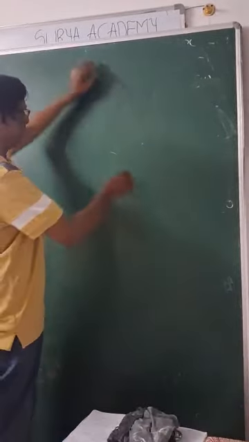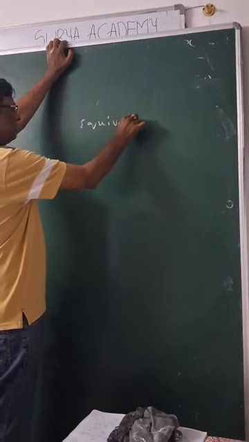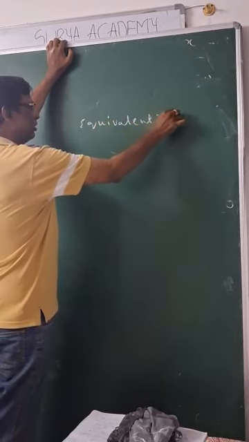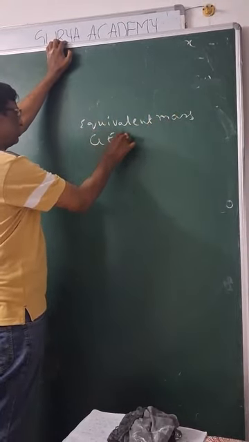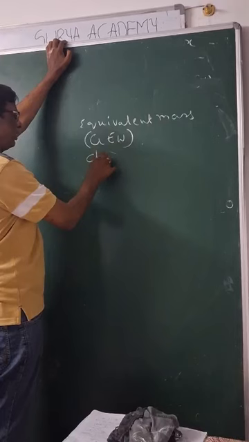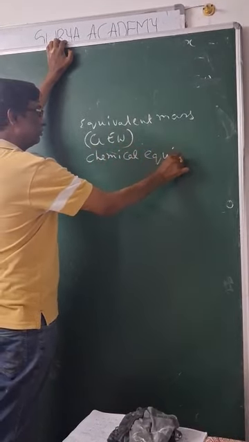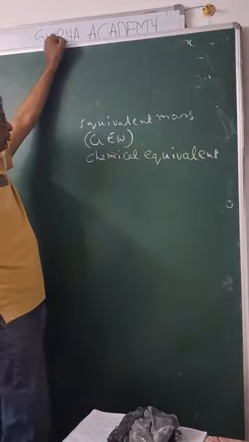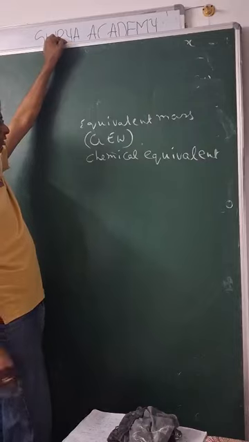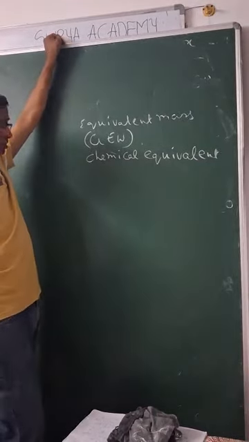Next one, equivalent mass. It is important. It is a number, called gram equivalent mass or chemical equivalent. 3 names are there. How do you define this?